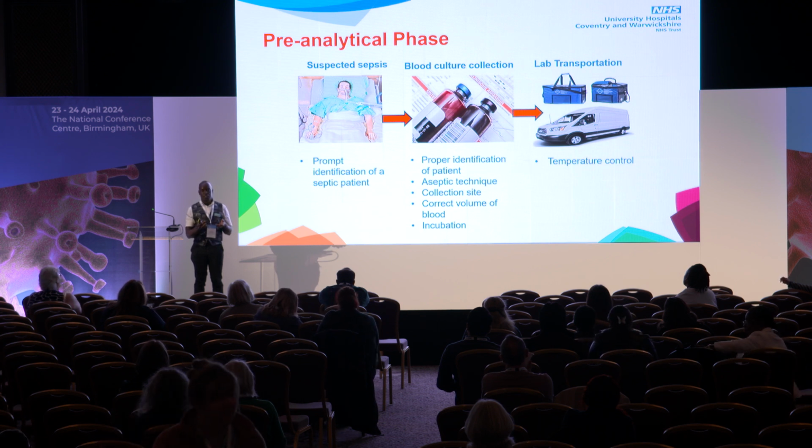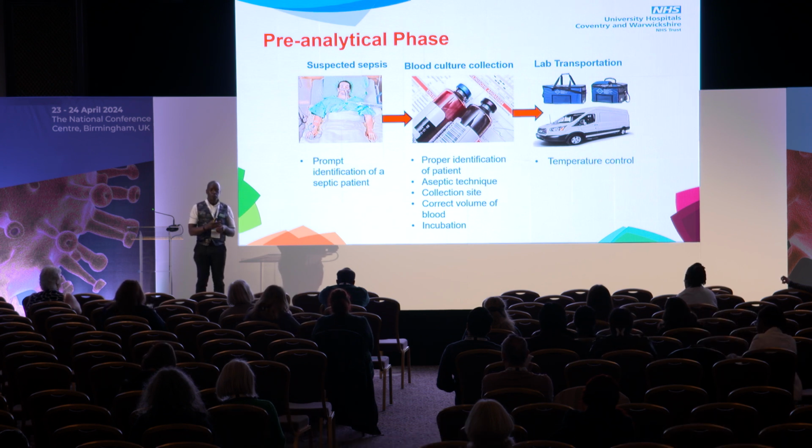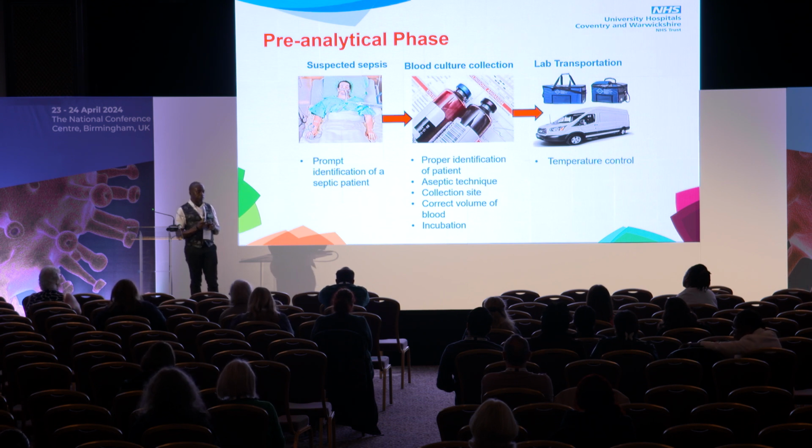If it's unlabeled, we just have to reject it. But sometimes there are two sources of information on the bottle, where the name is different and the number of the patient is different. So we have to resolve whose blood it is. But that happens quite rarely, okay?